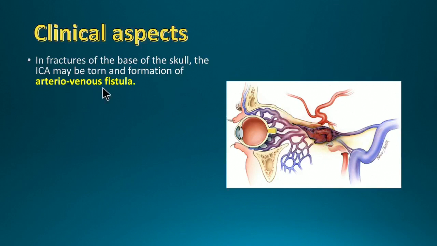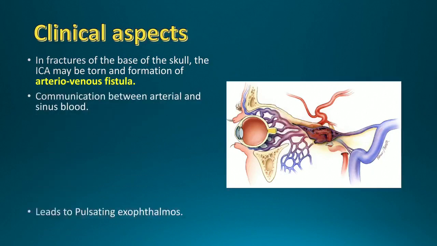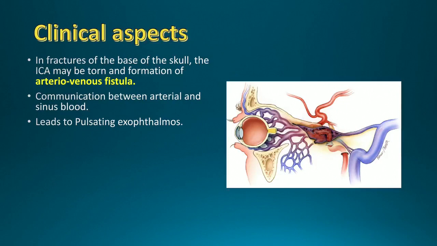So, an arteriovenous fistula within the cavernous sinus is a serious complication. Because of that, part of the arterial blood flows into the sinus and leads to pulsating exophthalmos. Your eyeball pulsates because the pulsations of the artery are transmitted to these veins.